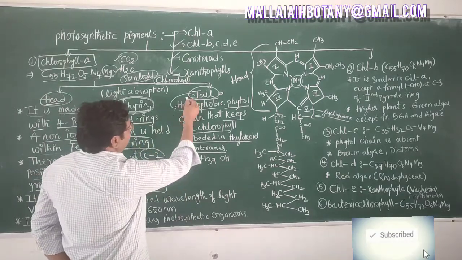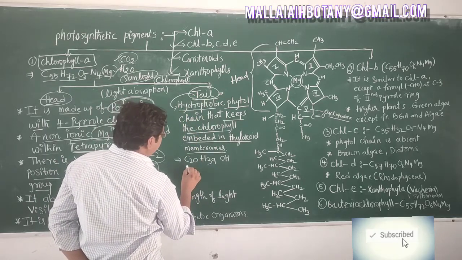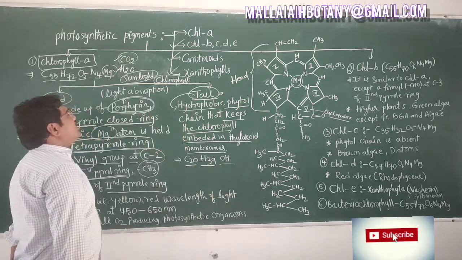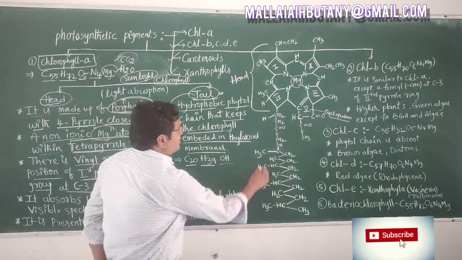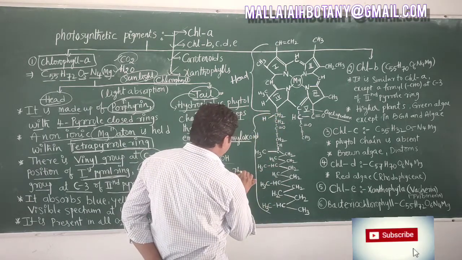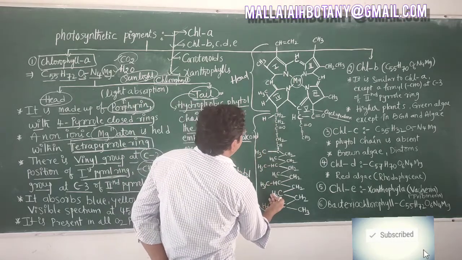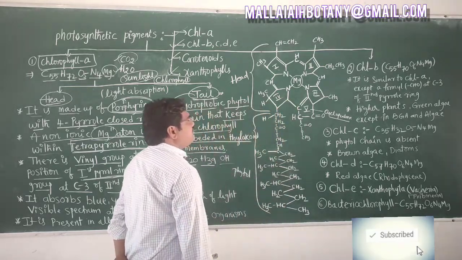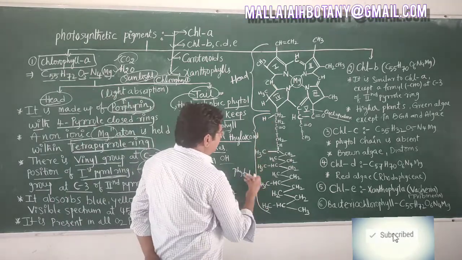What is the chemical formula of the tail? It is C20H39 with an OH group. This is the tail part in chlorophyll A, called the phytol chain, which is connected to the fourth pyrrole ring of the porphyrin head.